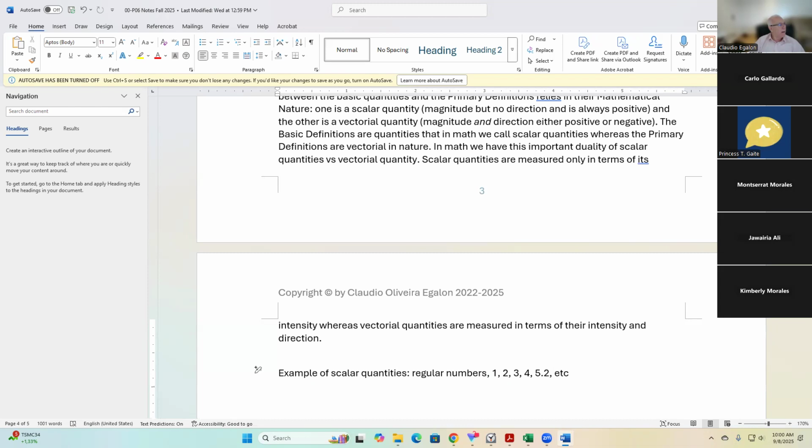The positive numbers are scalar quantities.